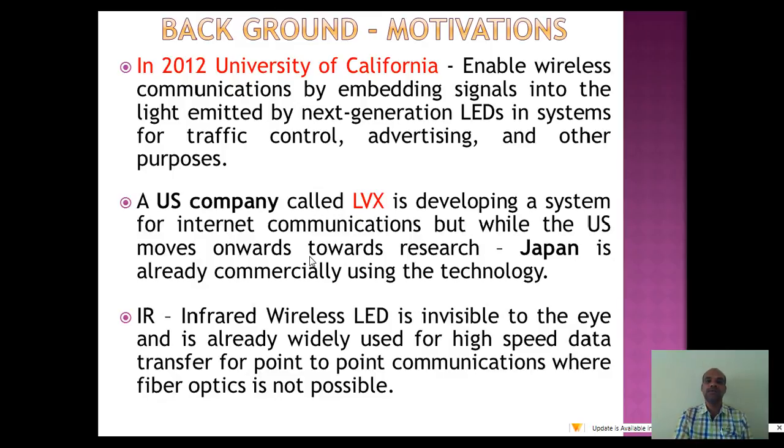Some motivations are there. In 2012, the University of California enabled wireless communications by embedding signals into light emitted by next generation LEDs. This technology is used for traffic control, advertisement and other purposes.